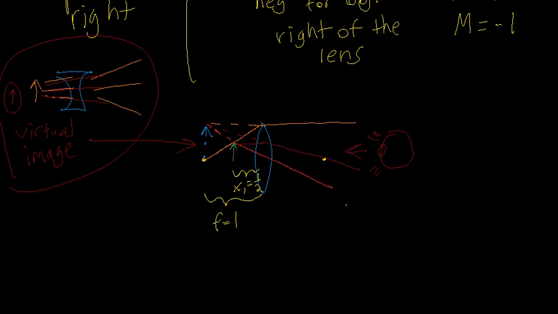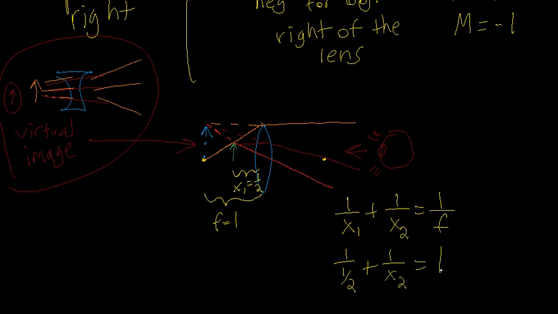so let's use the imaging equation once more to figure out exactly where x2 is. You might see that I've drawn it at a very convenient position, but let's make sure that what I've done is correct. 1 over 1/2 plus some quantity equals 1 over 1, or just 1.